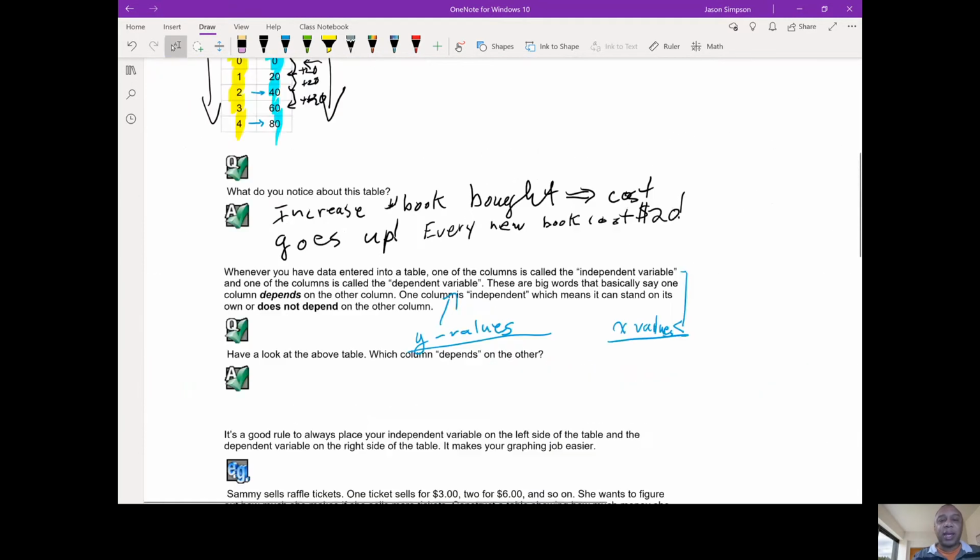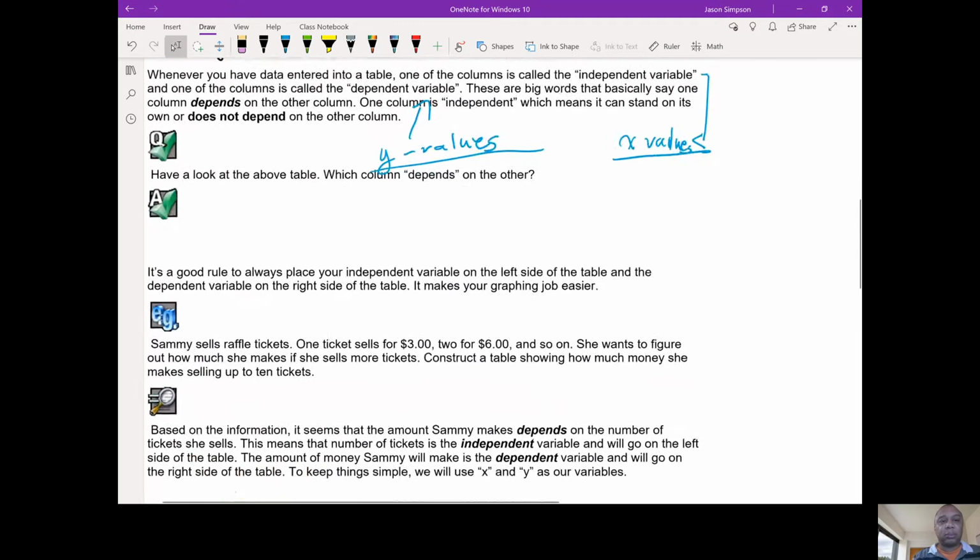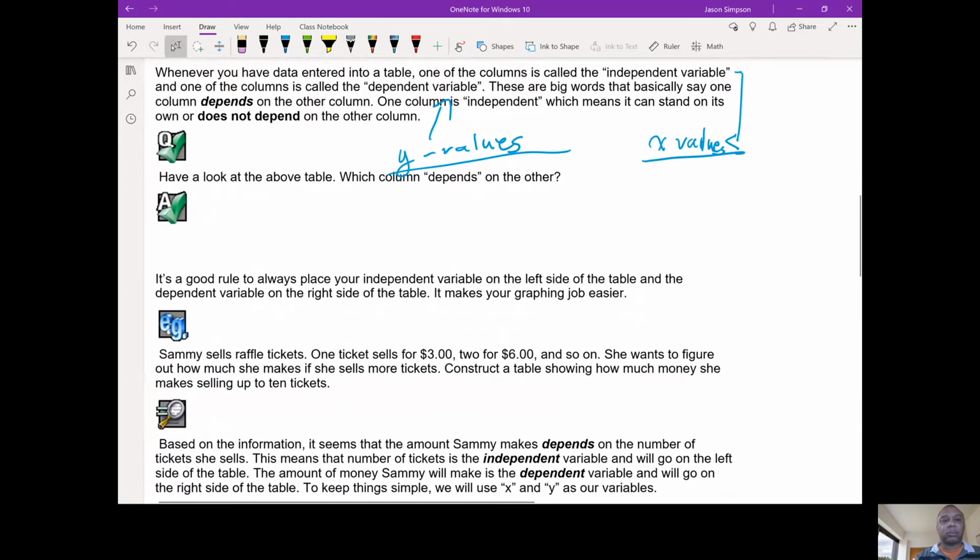Now, based on that, when we look at those tables, the y column depends on the x.